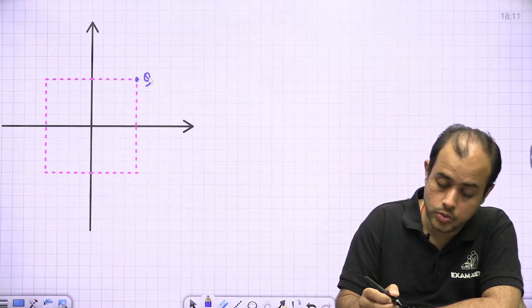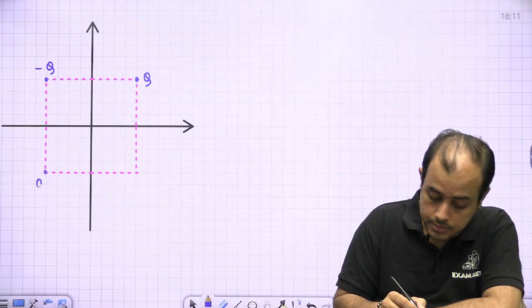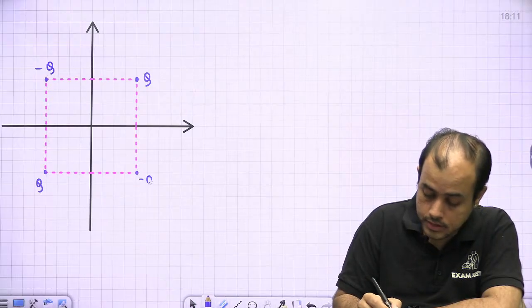So this is Q. This will be minus Q, plus Q, minus Q.